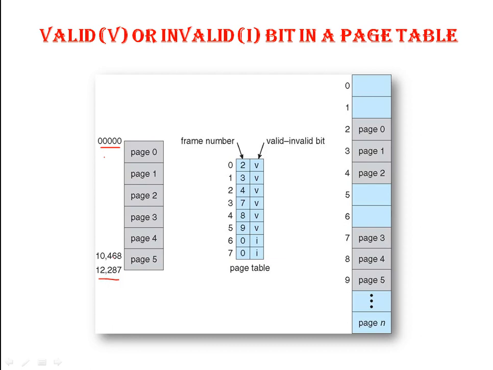Any reference beyond this address is called an illegal access. That is why page 6 is 0, invalid, and page 7 is invalid. So this is the usage of the valid and invalid bits, and they are always associated with your page table.